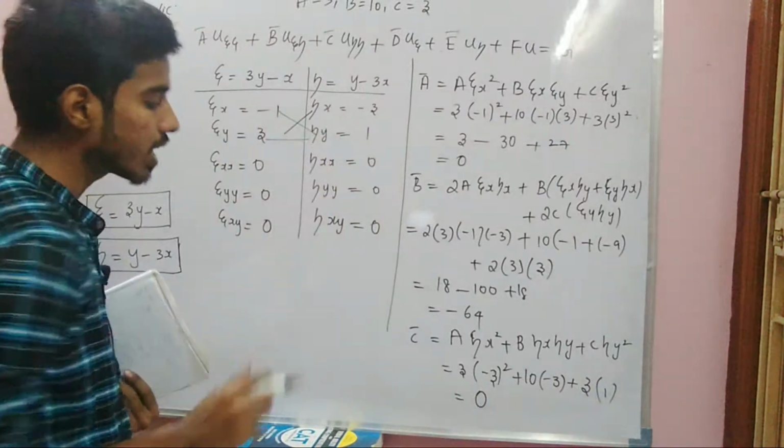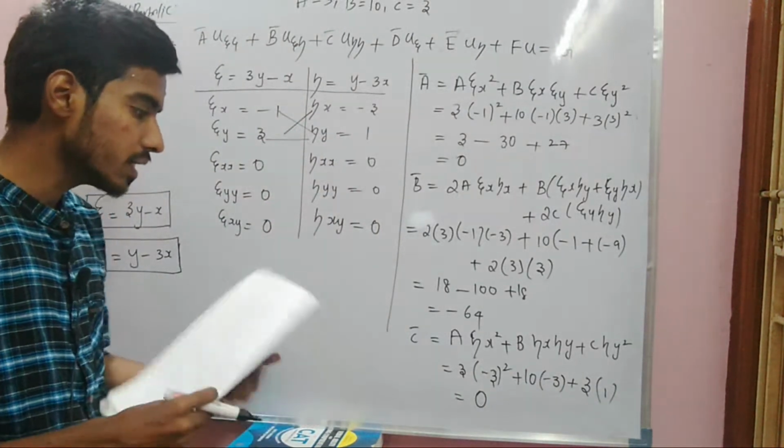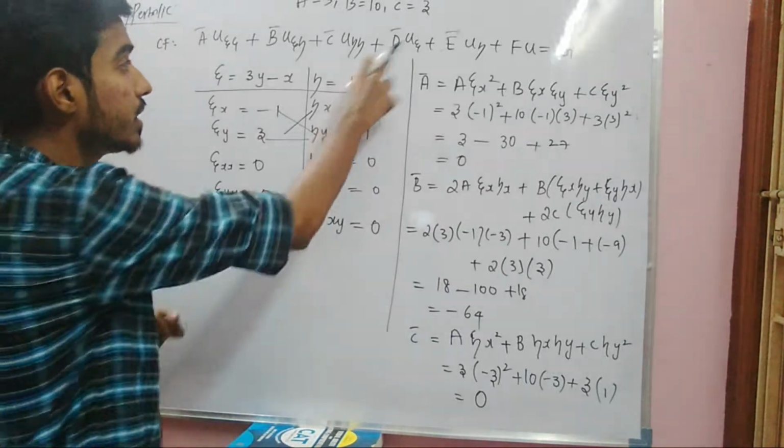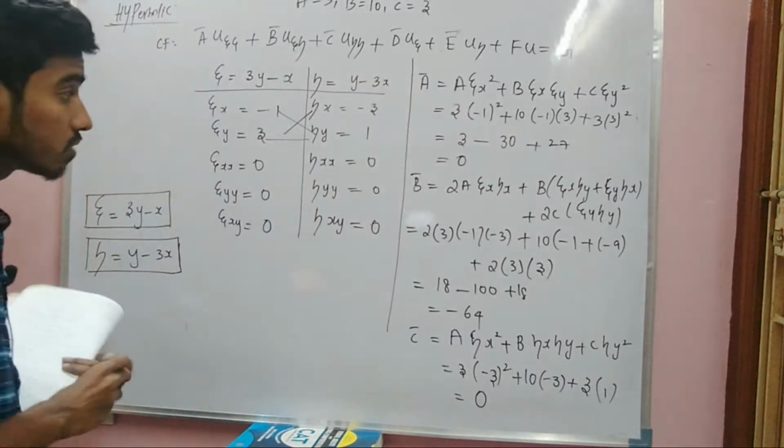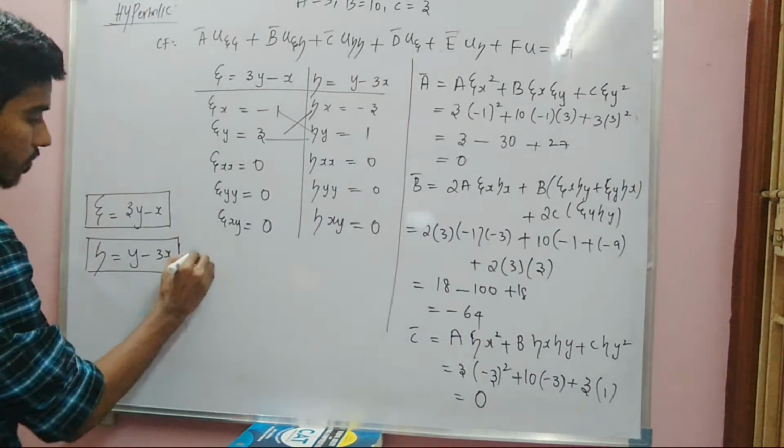So we have found a bar, b bar, c bar. Now we have to find d bar and e bar, right? We know the formula for d bar and e bar also. You just have to substitute. So what is our d bar?